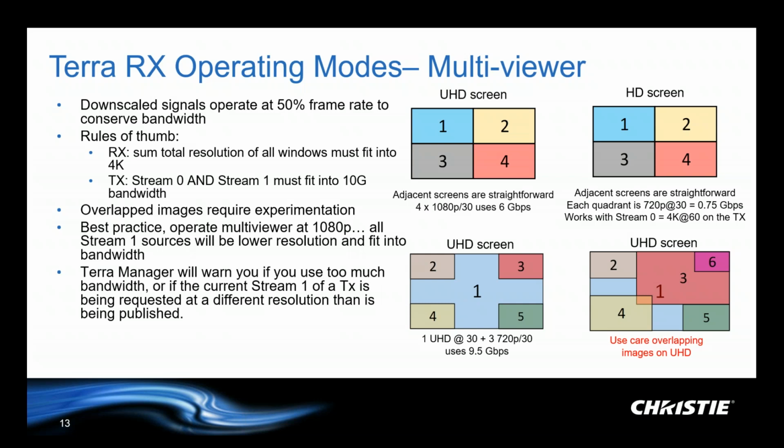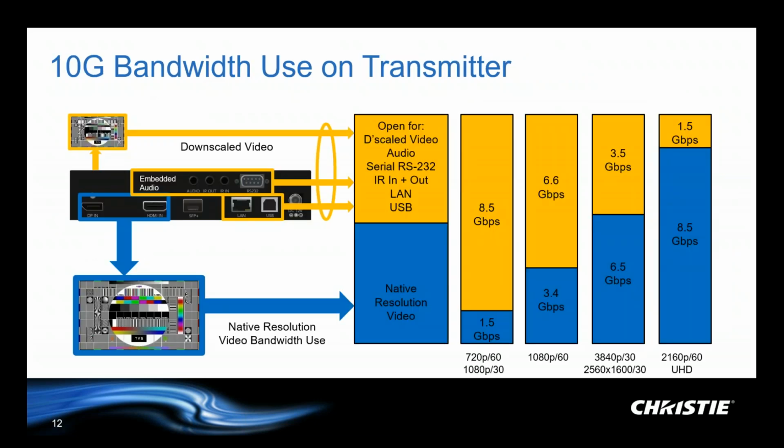the stream 1 of a transmitter that's being used somewhere on the network is being requested in a different size as well. So if I go back to this slide, as you can see, the video is being published on the network twice, in 2 different sizes: stream 0 in its native resolution and stream 1 in a downscaled version. That downscaled stream 1 can be subscribed to by different multi-viewers on different receivers at the same time, so long as the downscaling stays the same on all the receivers.